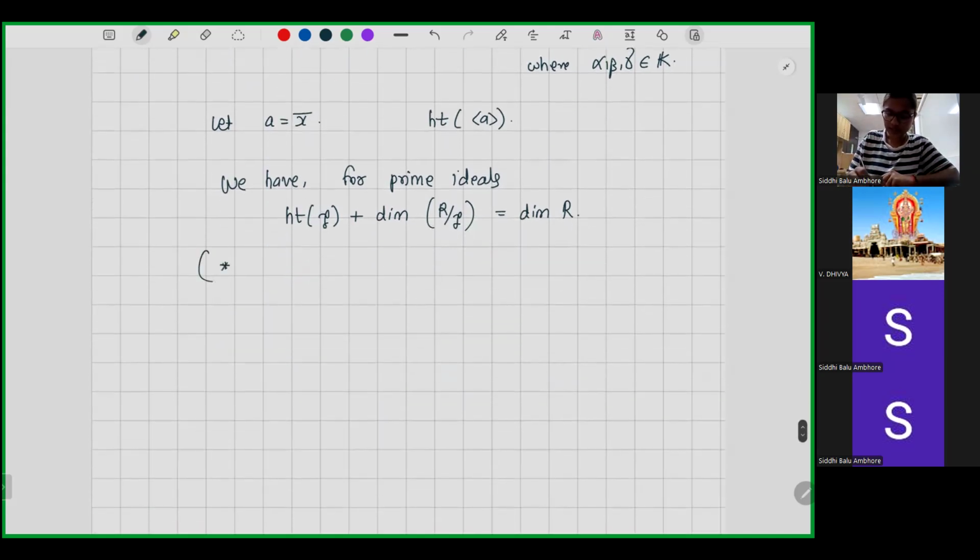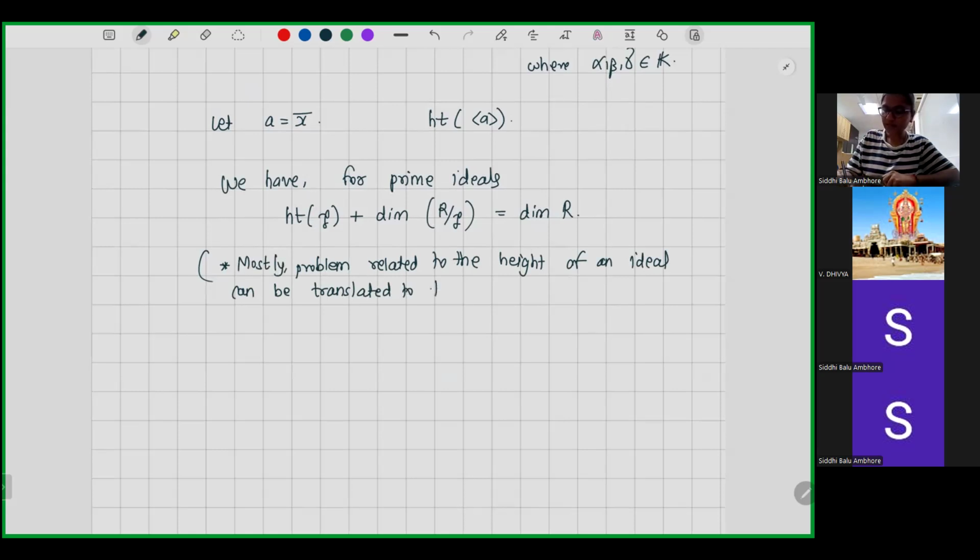Let me quickly write this: in most cases, any problem related to the height of an ideal can be translated to the height of its minimal prime.